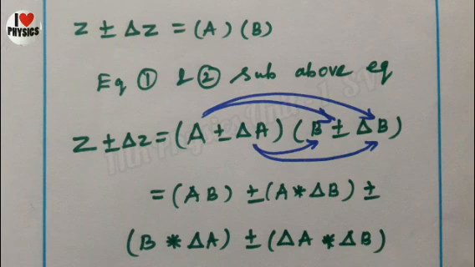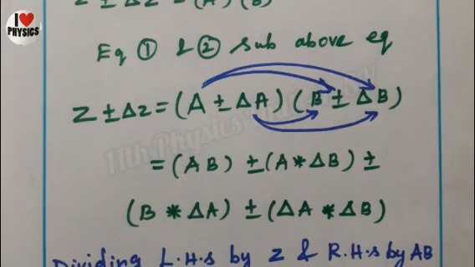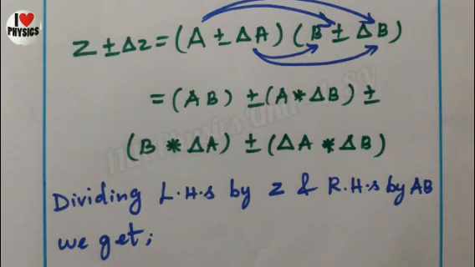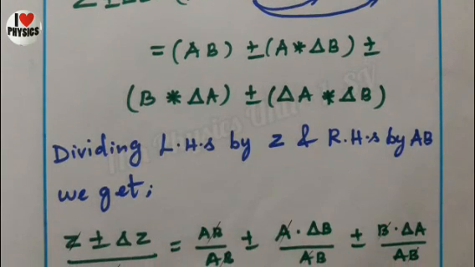First A into C and A into D, and second B into C, B into D. Therefore Z plus or minus del Z equals AB plus or minus A into del B plus or minus B into del A plus or minus del A into del B.